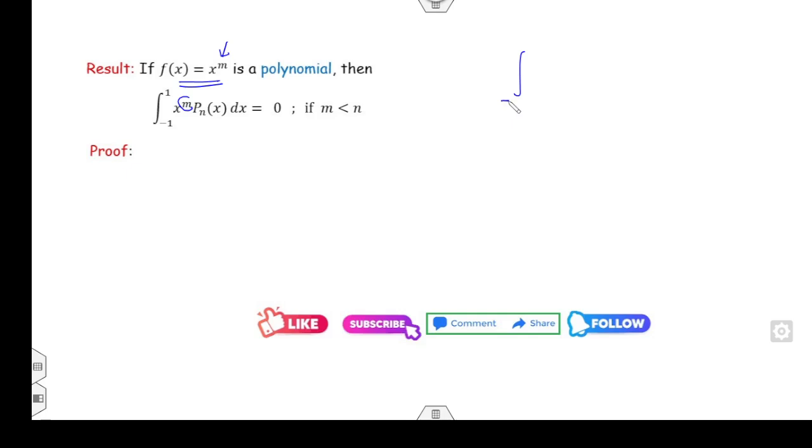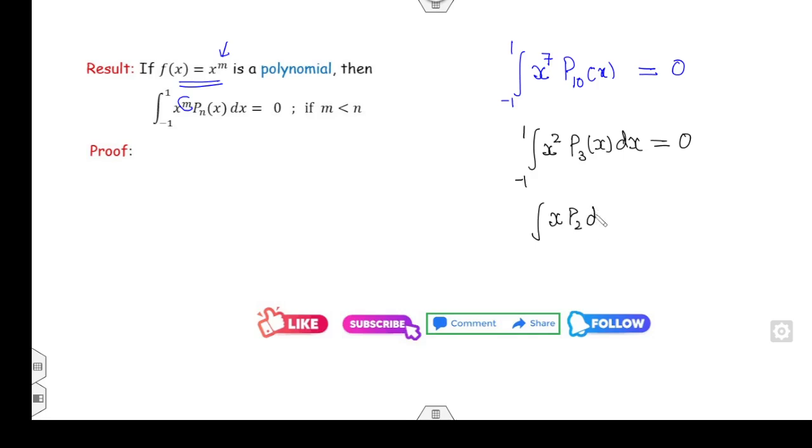For example, if your target is x to the power 7 and n is, let's say, 10, clearly m is less than n, so that integration is directly 0. Similarly, if you want to find x squared times P3(x), that will again be 0. Or otherwise, you can also say, let's say x into P2, that is also 0.